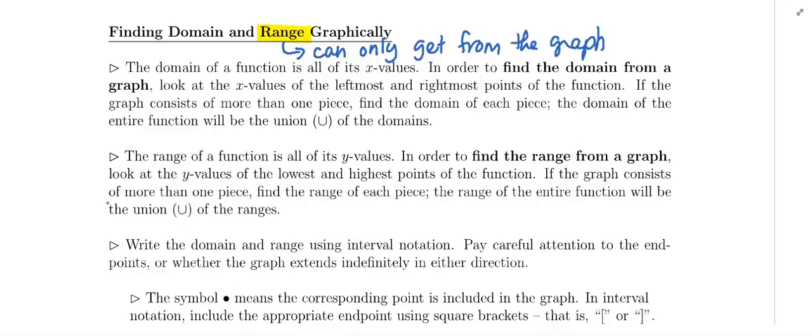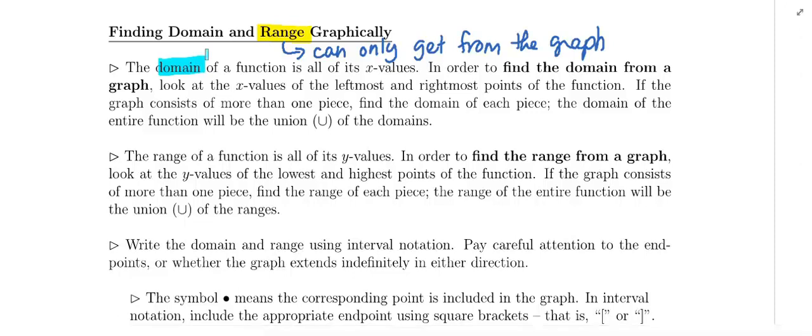Let's read through this, and then we will go through several graphs and identify, first of all, whether or not we're dealing with a function, and then write down the domain and the range. The first bullet point has to do with domain. The domain of a function is all of its x values.